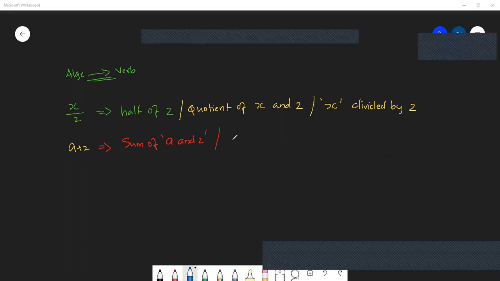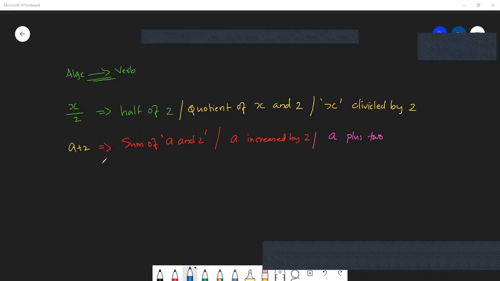Or you can write a is increased by 2. That is another expression. A is increased by 2, or we can say a plus 2. That is a verbal expression for the given algebraic expression a plus 2.